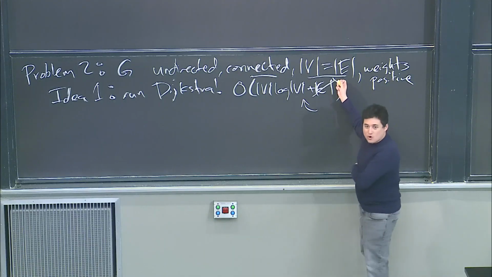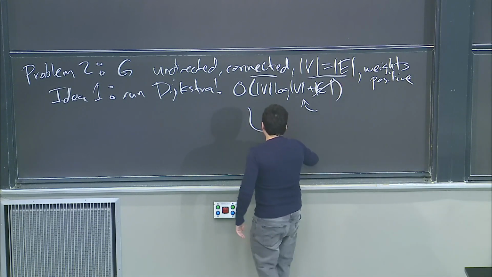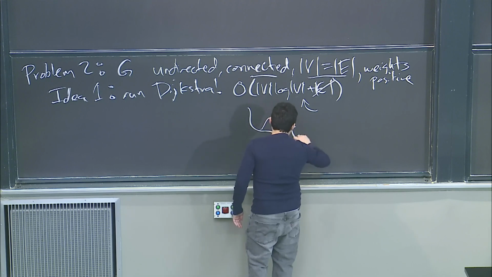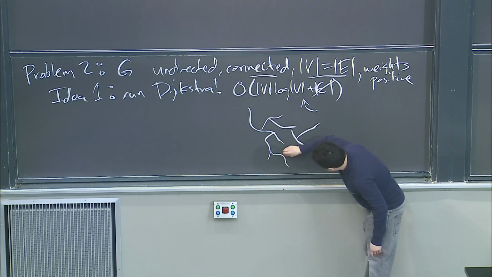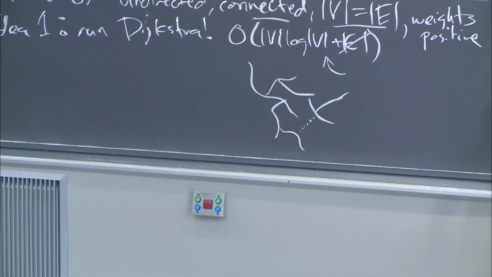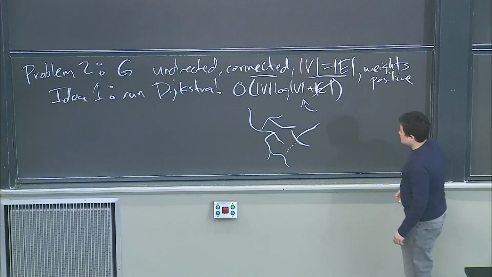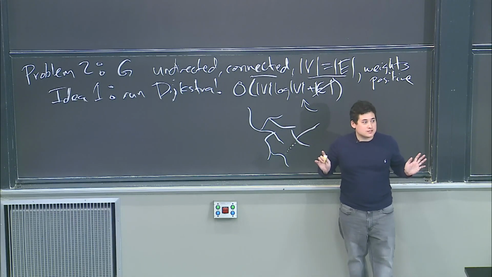So this has one more edge than a tree, right? So really what our graph G looks like is some kind of tree, and somewhere we've got an extra edge in this graph. It's a tree plus an extra edge. That's what our graph is, okay?